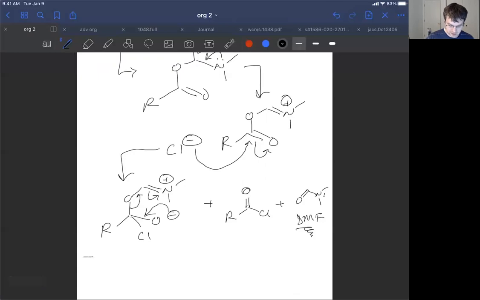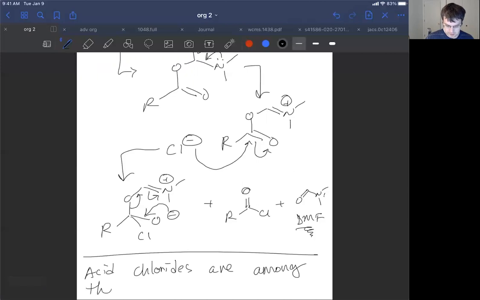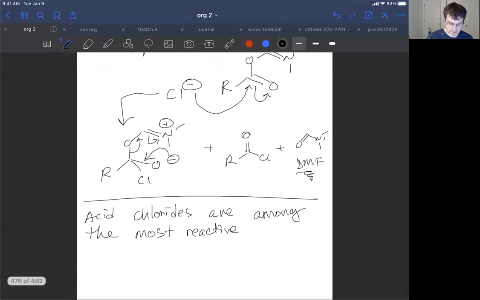And it turns out that acid chlorides are among the most reactive carboxylic acid derivatives. Okay.